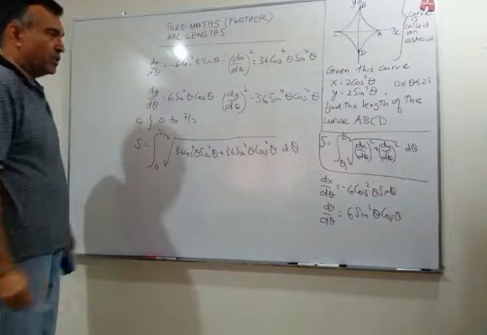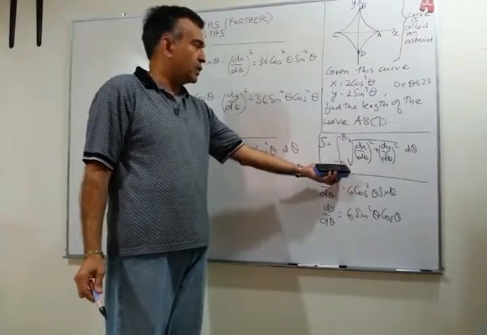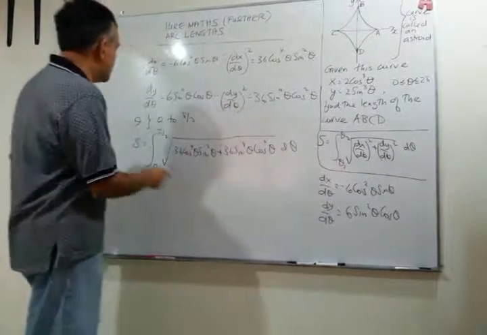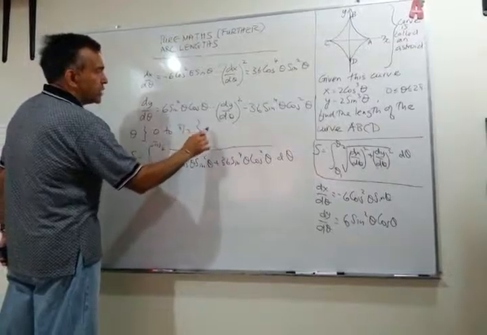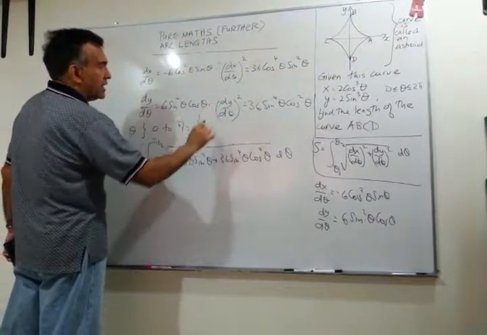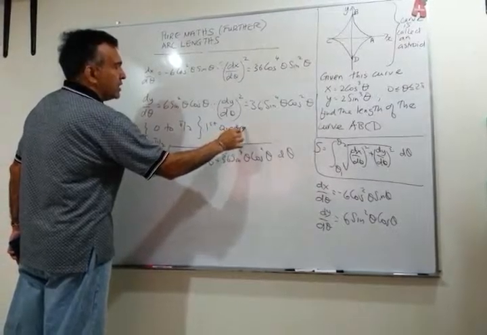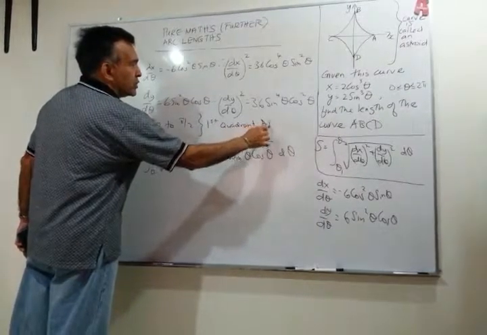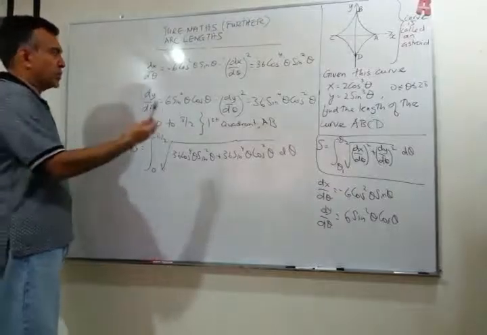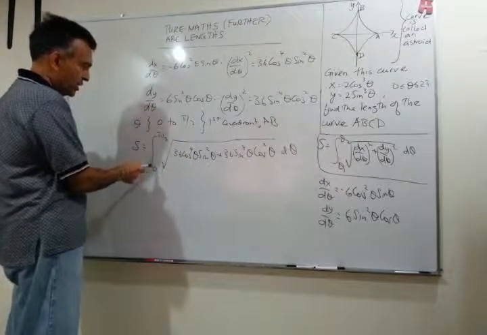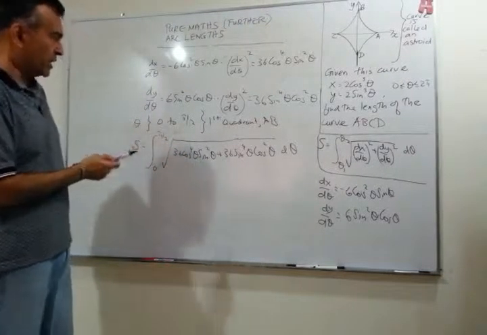Let's check. Because we are just looking at the curve in the first quadrant, AB, the values of theta go from 0 to pi over 2. So there you have it, the upper limit and the lower limit.